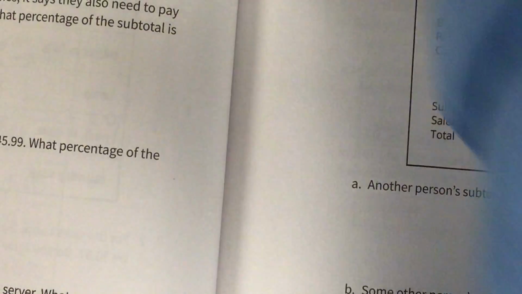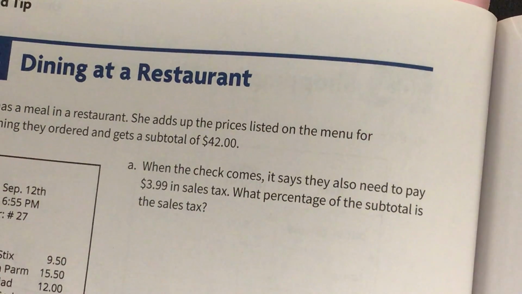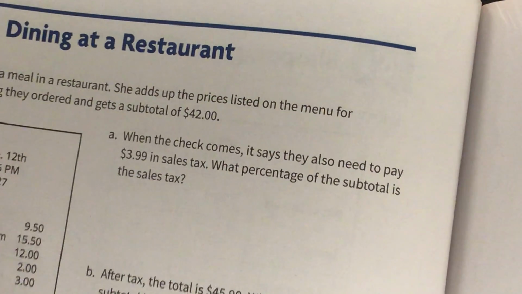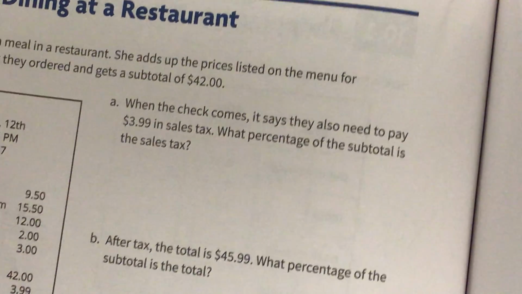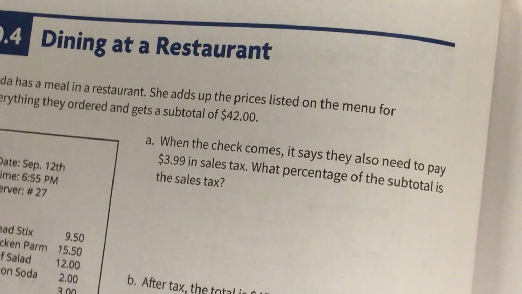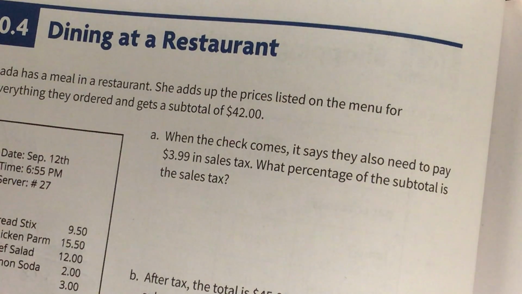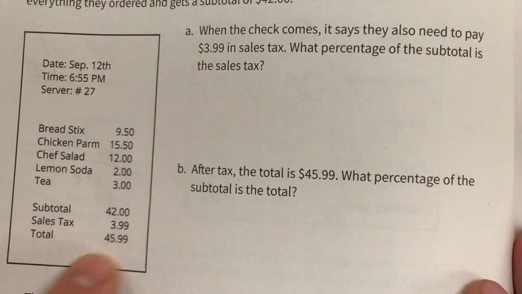Next page. Finally going to get to a restaurant here. Jada has a meal at a restaurant. She adds up the prices, 42 bucks. When the check comes, it also says they need to pay $3.99 in sales tax. What percent of the subtotal is the sales tax? So we're comparing the tax to the subtotal.